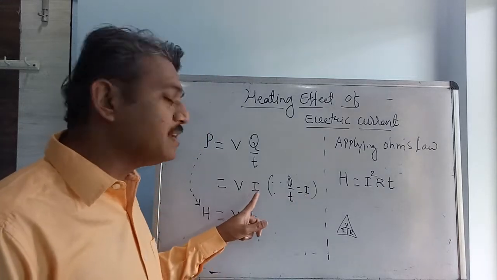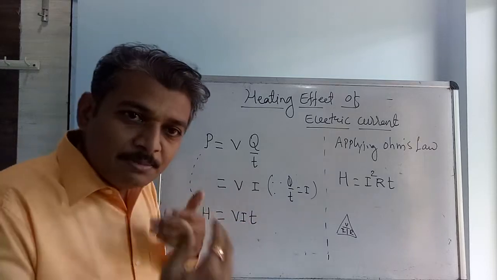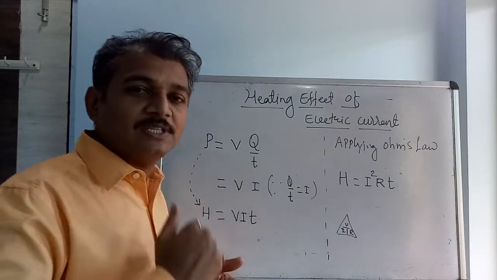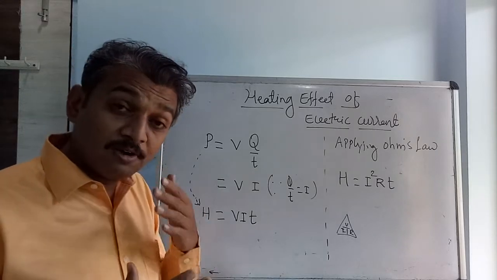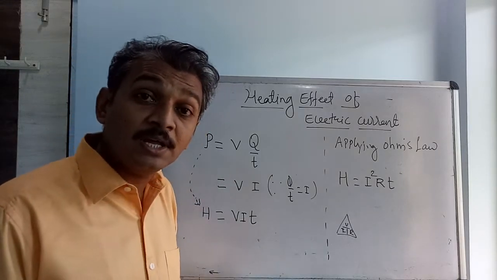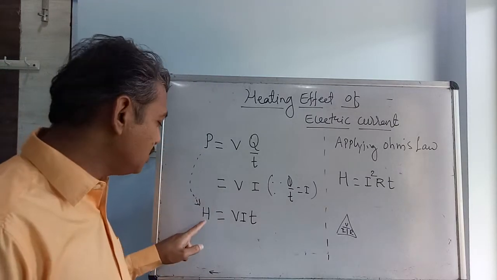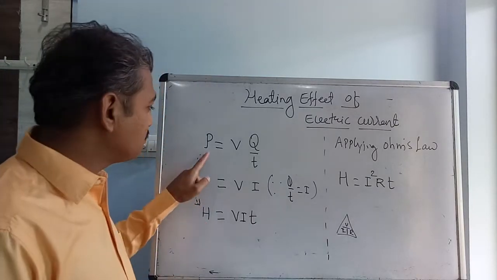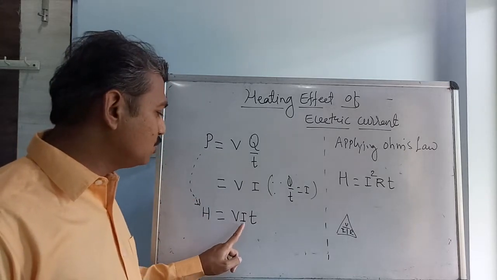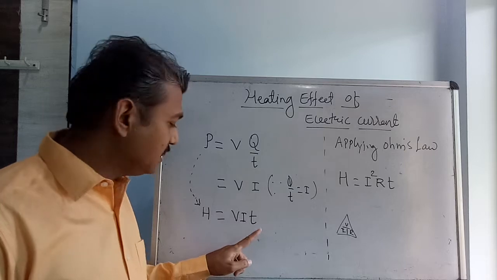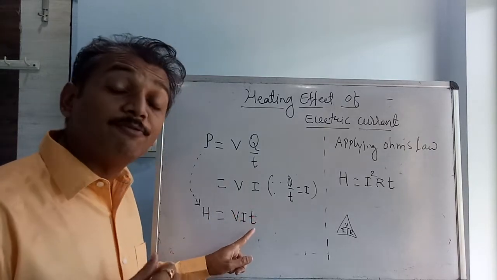So this becomes VI. And as I told you that after some time, if you touch the electric apparatus, it becomes hot. It means after the work done, heat is also given out. That's why now this P is changing into H. It means this power is transferring into heat, and that gives V is equal to IT. It means potential difference into current and in the time flown.